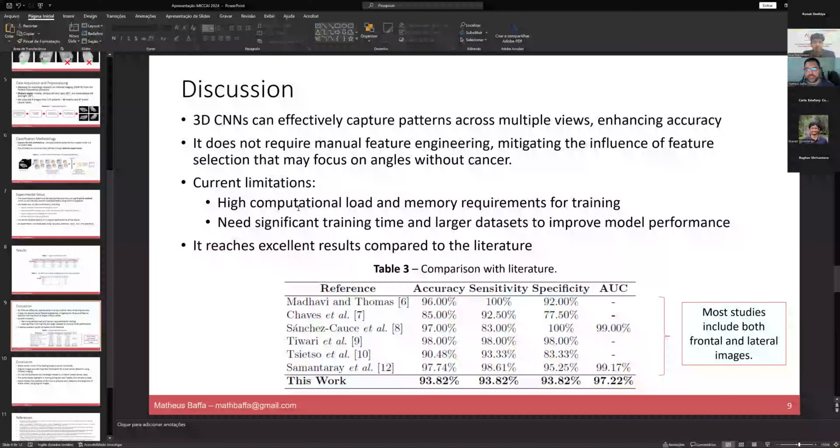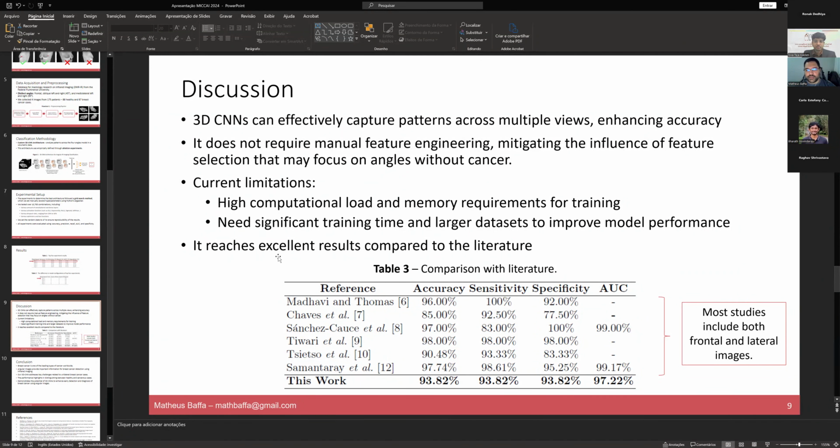For example, 3D CNNs have a very high computational load and memory requirements for training. So you need very good hardware to do that. And you need significant training time and large data sets to improve the models, because as the model gets deeper, you need more data to train it.